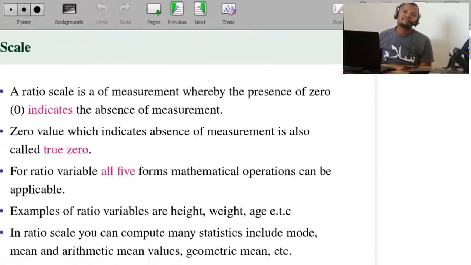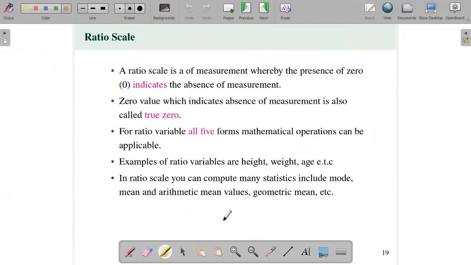The last one is the ratio scale. The only difference here is the ratio scale has a true 0. The interval scale has a false 0. Just like the ordinal variable has rank compared to the nominal response, here the ratio scale has a true 0 compared to the interval scale.